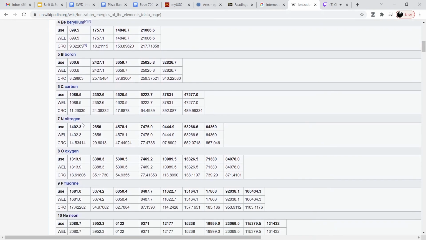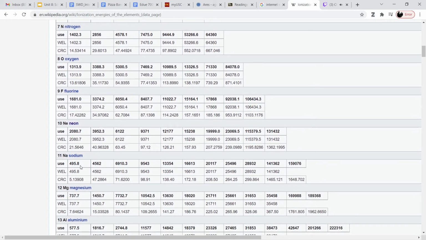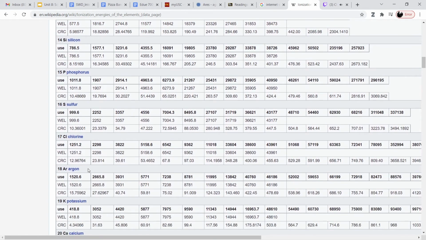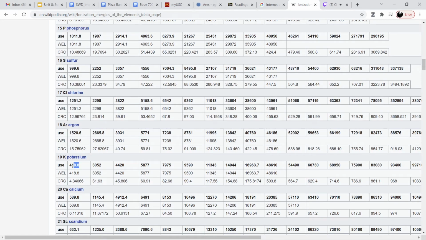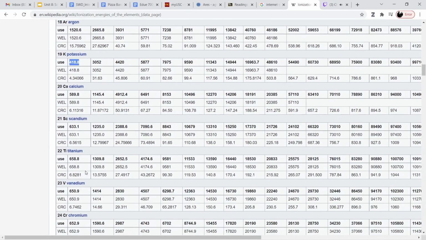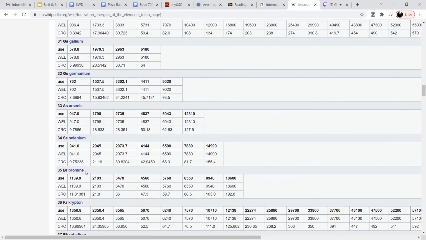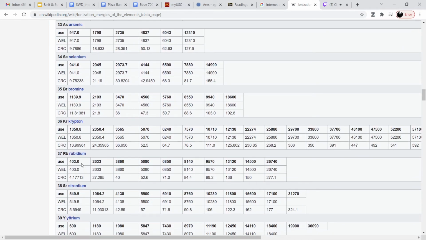Let's find sodium. Sodium a little bit less, right? Because as we go down, it's easier to remove. Let's look at potassium, even less as we go down. Rubidium, 403. So these go down as we go down the periodic table.